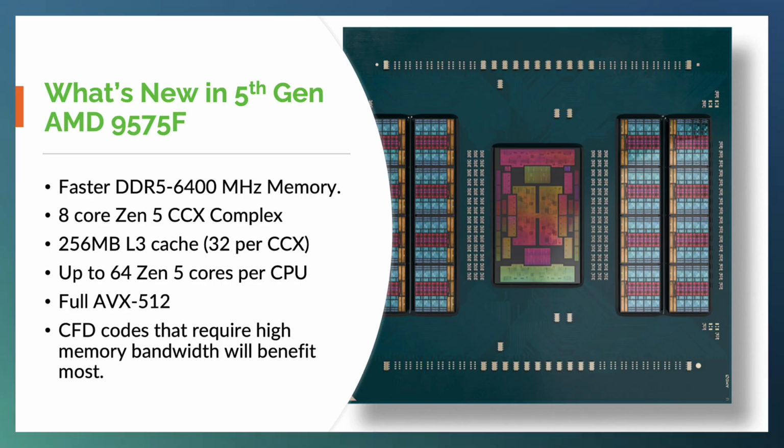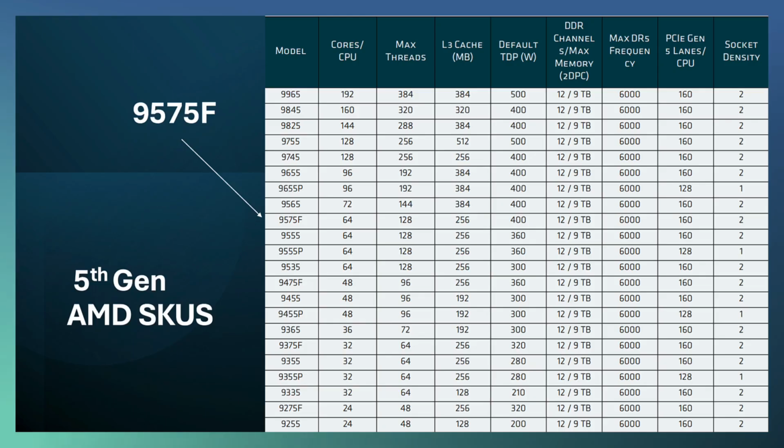So this chip is really great for CFD and things that need high memory bandwidth. It also has, on this particular chip, a 5 gigahertz clock rate, which is very high. So even lower core count jobs can boost up to the 5 gigahertz max turbo, and you're going to see some benefits, which we'll show later.